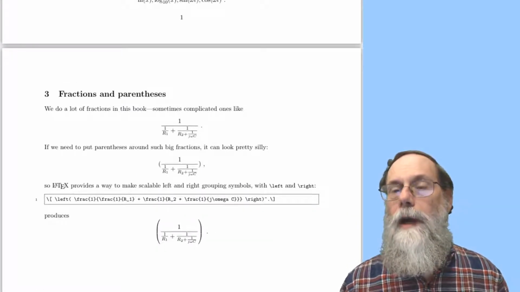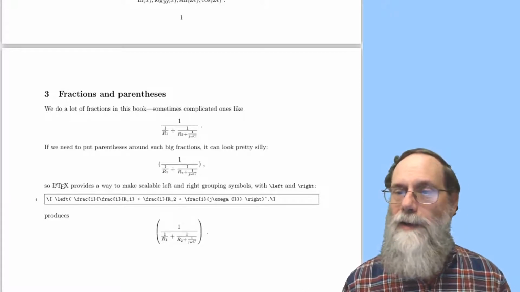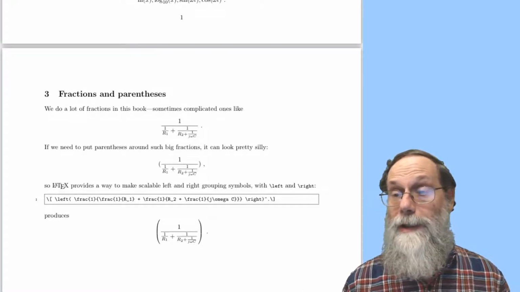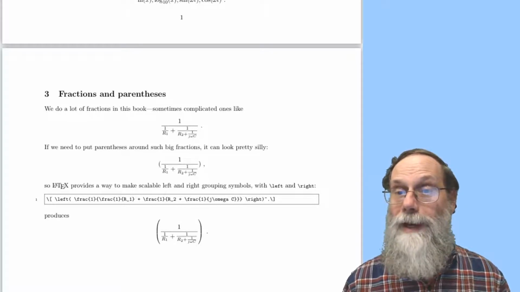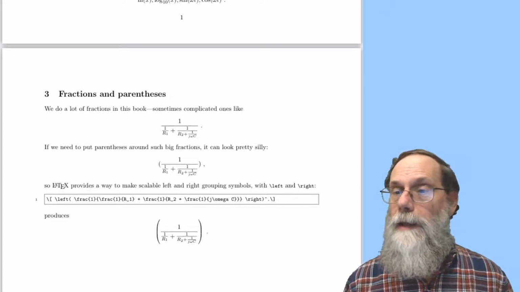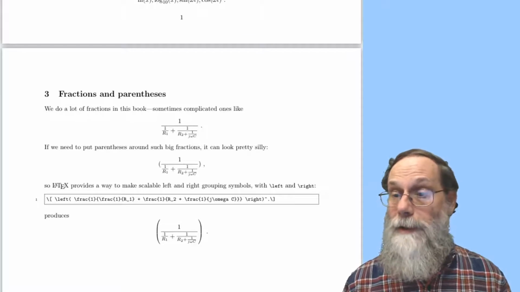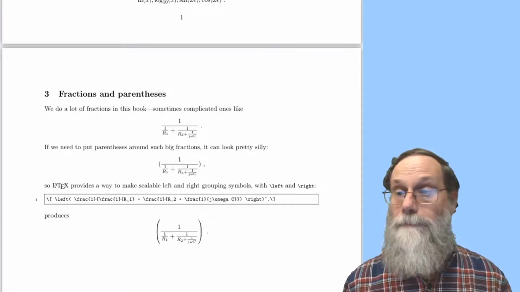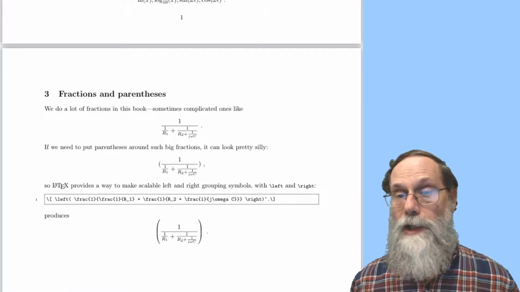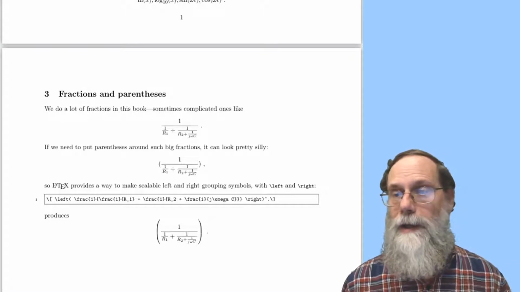All right, so there you can see the nested fraction with the silly little parentheses, which basically only are going around the horizontal bar at the top level and not around the whole thing. And then what I typed to get the \left, \right parentheses that are big enough to enclose the entire fraction. And I used the verbatim mode to get this thing displaying as a verbatim listing.